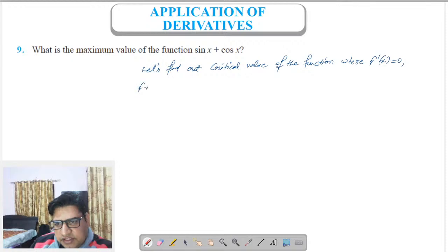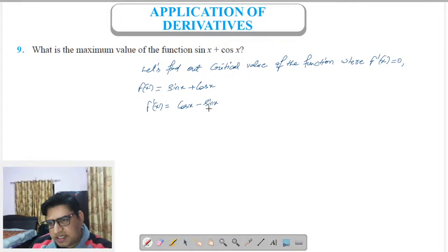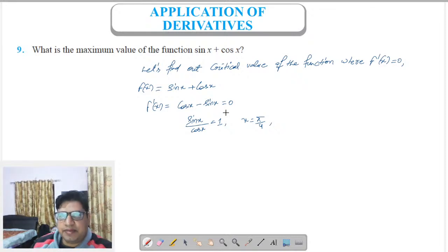Okay, and here we have fx is equal to sin x plus cos x, and if we try to find out f dash x here, so f dash x will be equal to cos x minus sin x is equal to 0, okay, and if you equate that value equal to 0, that will be sin x upon cos x is equal to 1, and x will be equal to pi by 4, and this is one of the critical points at x is equal to pi by 4.